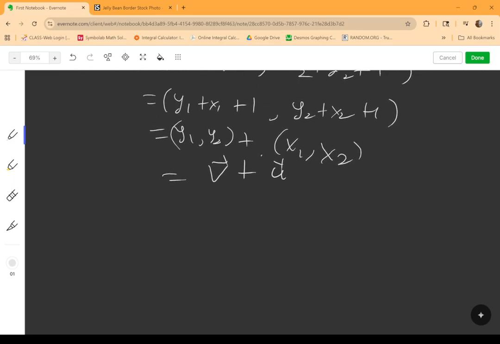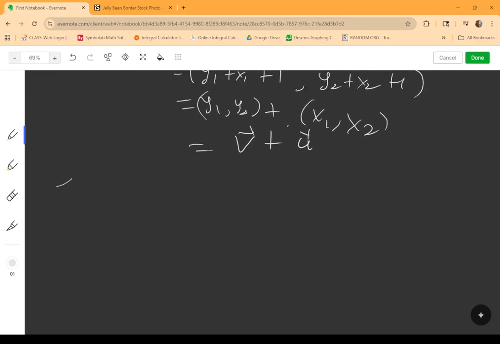Okay, and then we can also take a look at this property here, right? The associativity of the scalar multiplication. So here, if we have alpha times beta times u, or alpha times beta times the ordered pair (x1, x2).